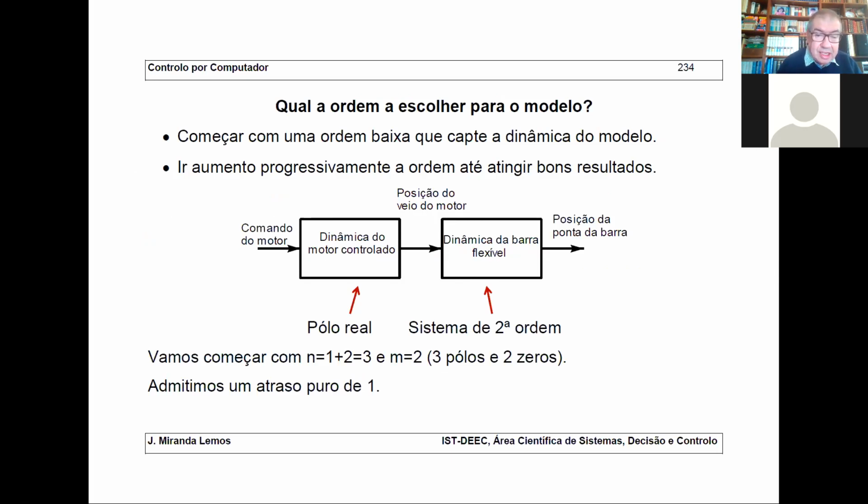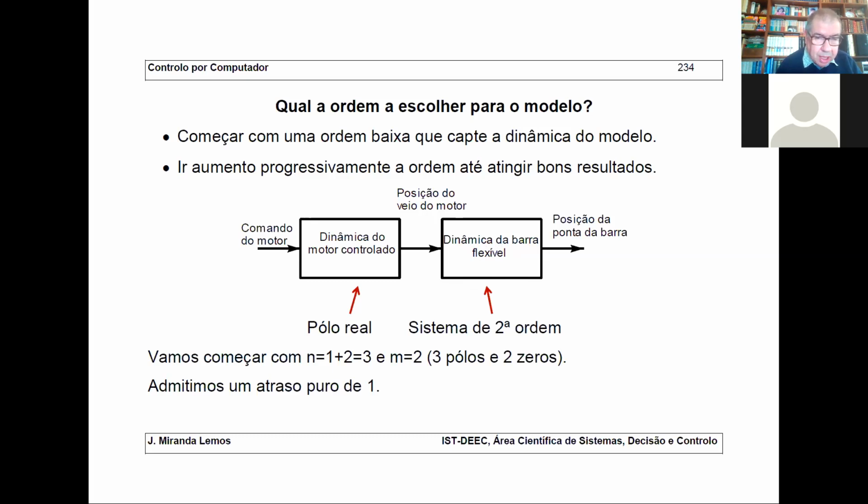The simplest model for an oscillatory system is a second order system with complex conjugate poles.